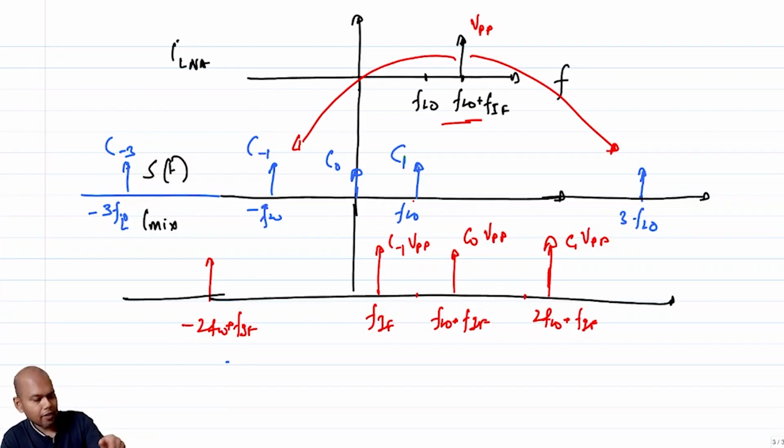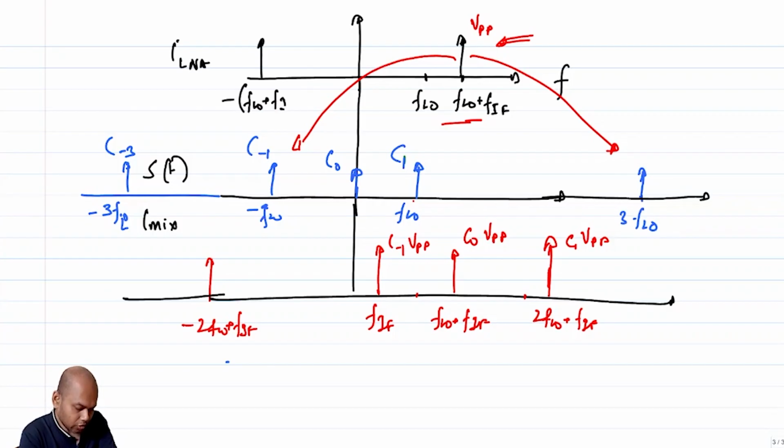Note that I have only considered the case where you have an input at F_LO plus F_IF, but we know that you are going to have a tone at the negative frequency also. You are going to have a tone at minus F_LO plus F_IF also, which is going to convolve with plus F_LO, and you are going to have a tone here, C1 times V_RF.